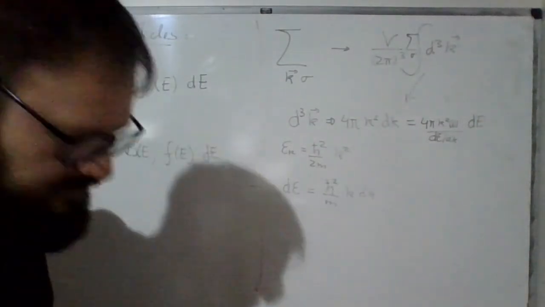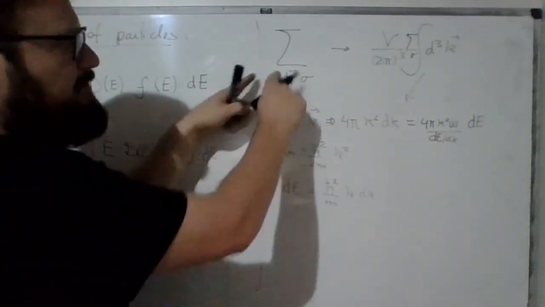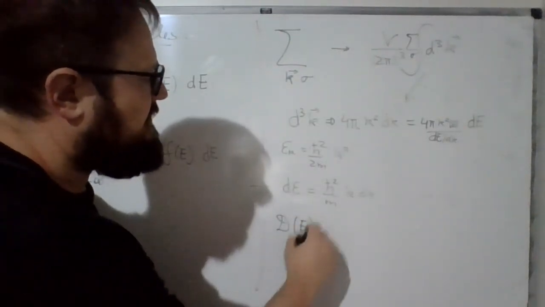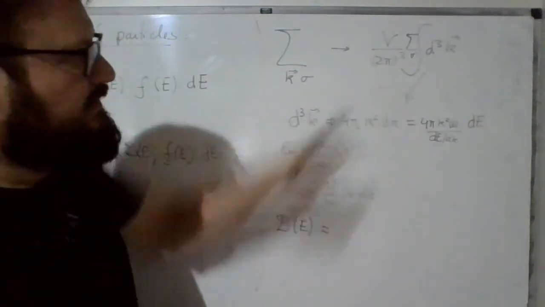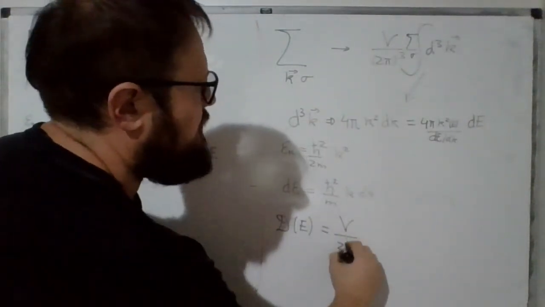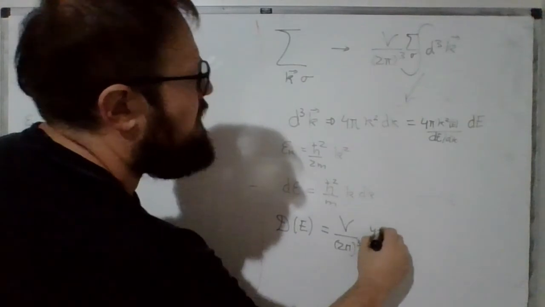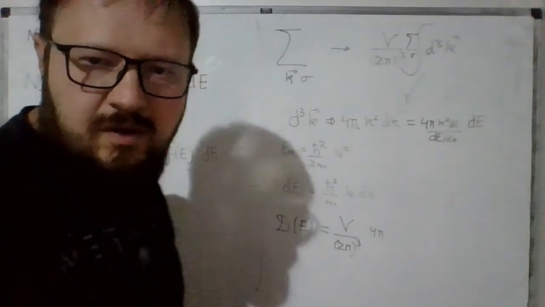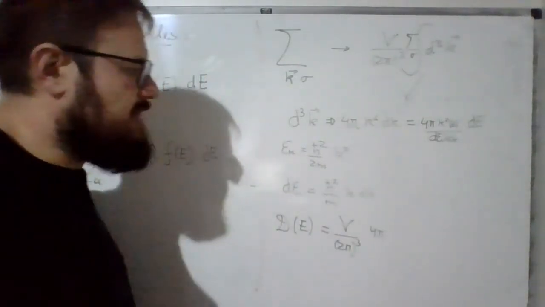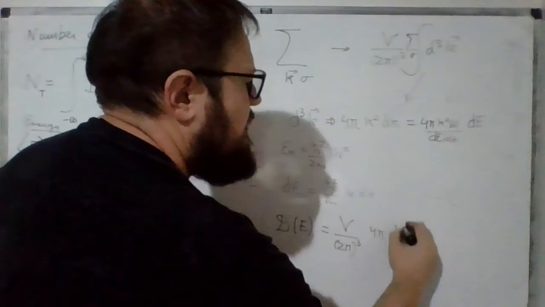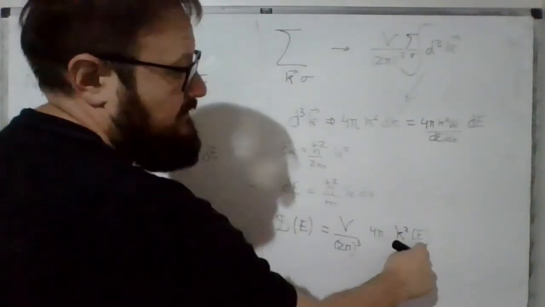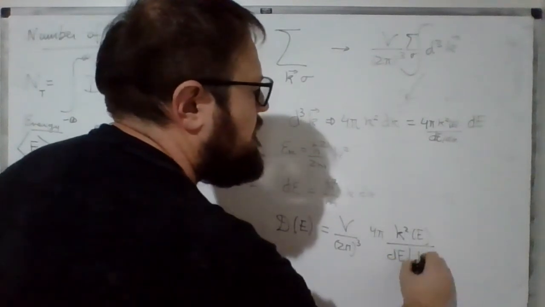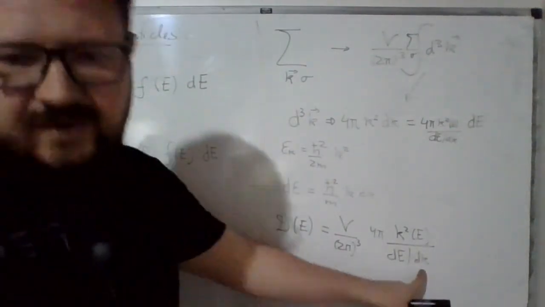So in the case of replacing a summation by an integral, you can consider that the density of states is a volume over 2 pi cubed, times 4 pi, which comes from converting this integral to spherical coordinates, if your system is spherically symmetric, times k squared as a function of the energy, divided by the differential of the energy over the differential of k.